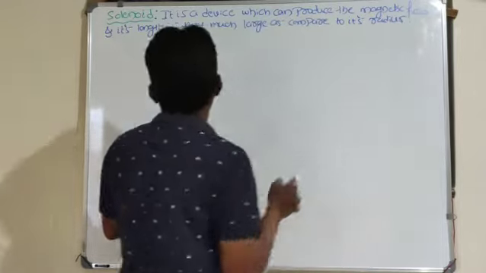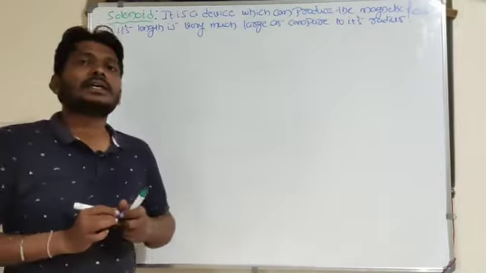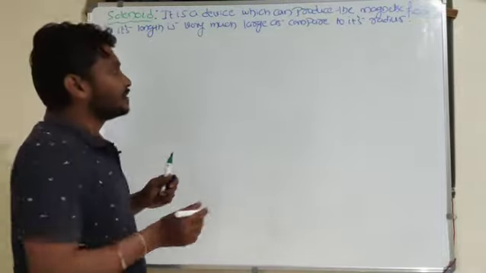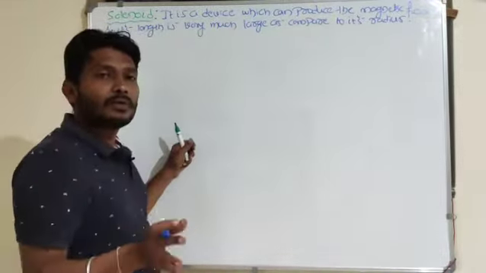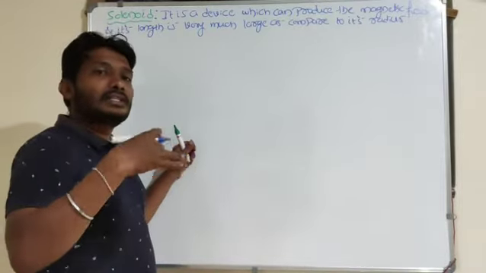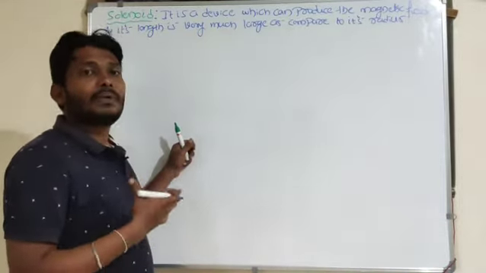So solenoid is nothing but a device which can produce the magnetic field. Its length is very large as compared to its radius.